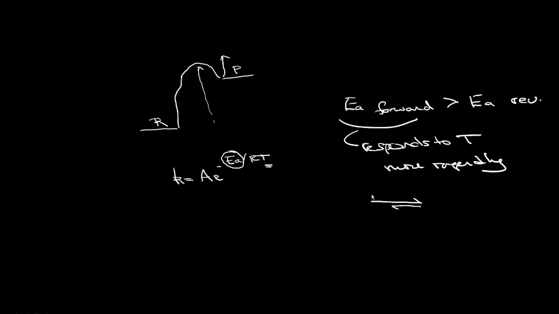Let's go back through the same argument for an exothermic reaction. Let's talk about what happens when you look at an exothermic reaction. In an exothermic reaction, the reactants are up here, the products are down here, and then we have a big hump that goes in between the two.